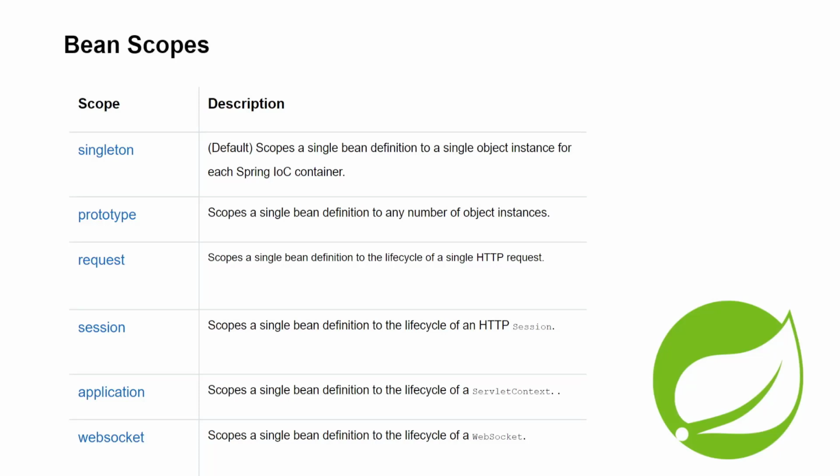So whenever you are logging in to an application or doing some action, you request a scope of request. And whenever you are creating sessions, you can use session scope. In the servlet context, you can use application, and in the WebSocket we can define the bean scope as WebSocket. So that we will see.